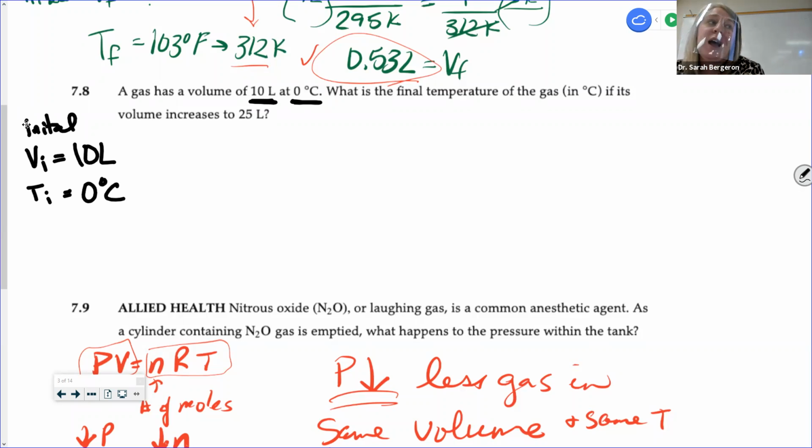Now, be super insanely careful here. Sometimes I will give you values in Celsius and then ask you for an answer in Kelvin. So you have to make sure that what you're given and what your answer is in are the correct units for temperature. In this case, I'm asked, what is the final temperature of the gas in degrees Celsius?